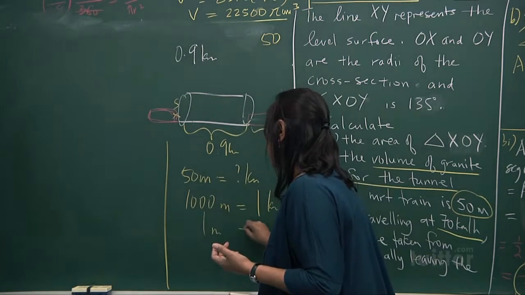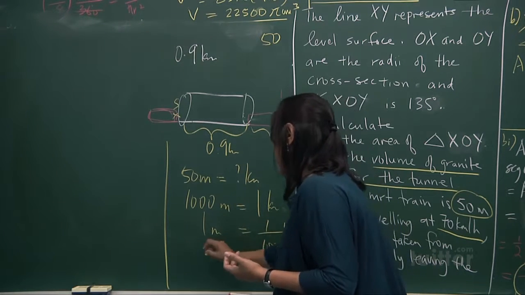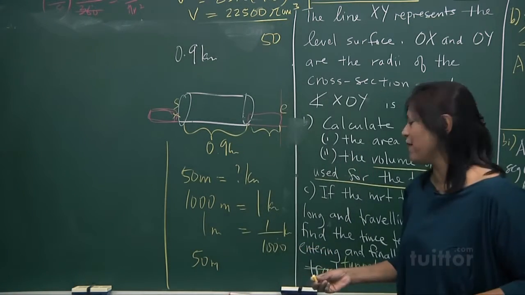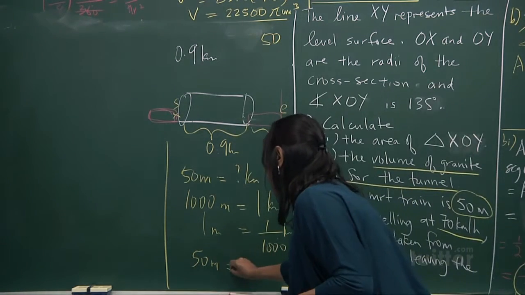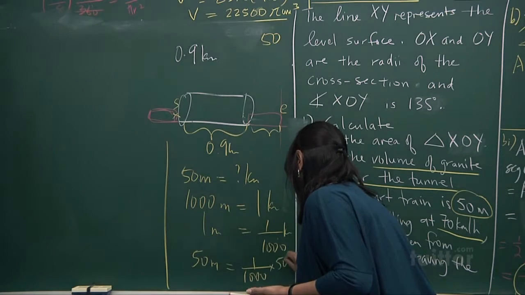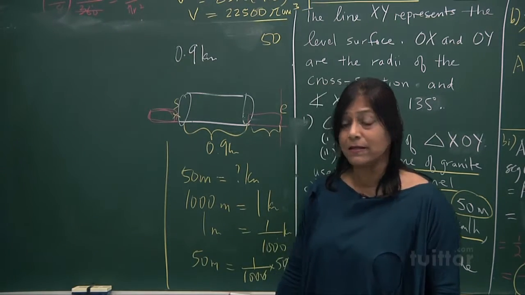So 1 meter is 1 over 1,000 km. And 50 meters, you multiply that by 50. So you get 1 over 1,000 times 50 km, which is 1 over 20 kilometers.